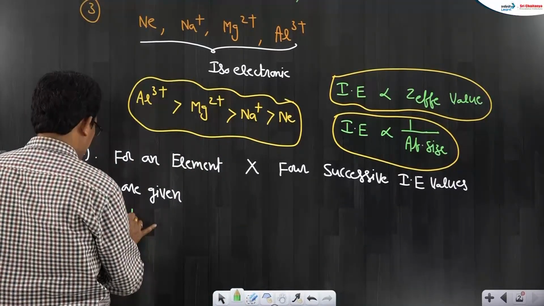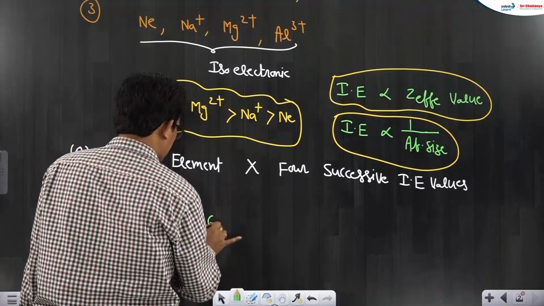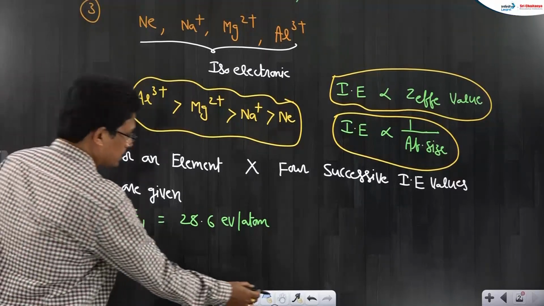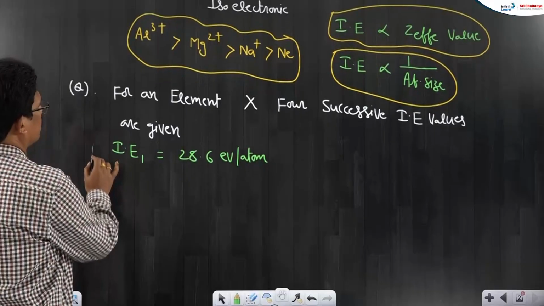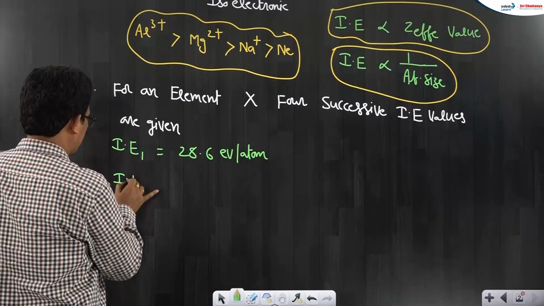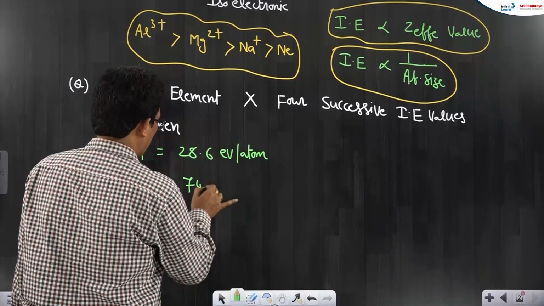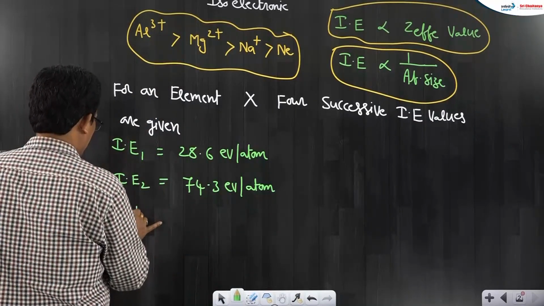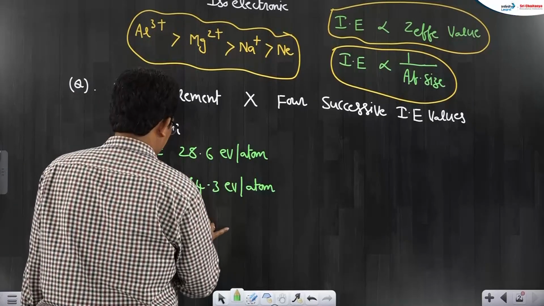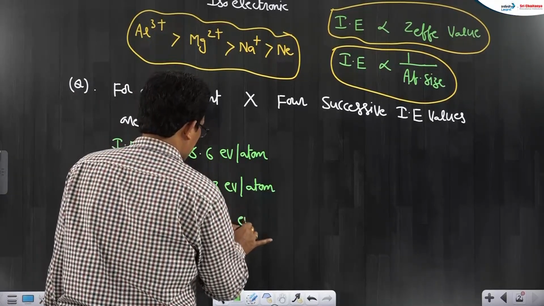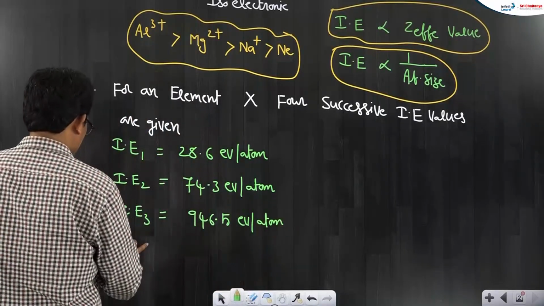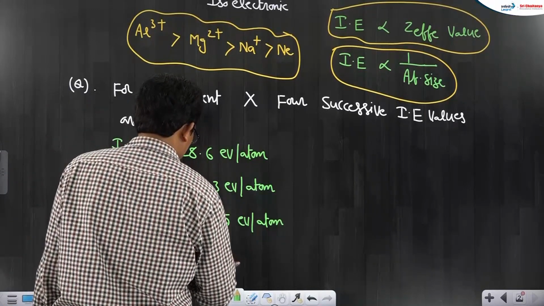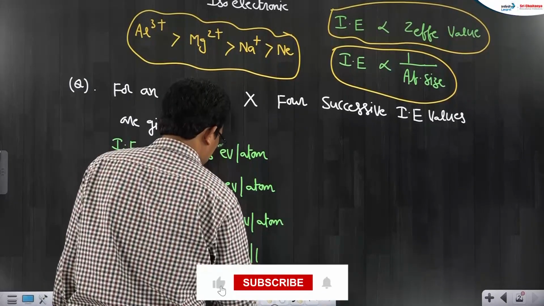IE1 value is 28.6 electron volt per atom, IE2 value is 74.3 electron volt per atom, IE3 value is 946.5 electron volt per atom, and IE4 value is 1134 electron volt per atom respectively.